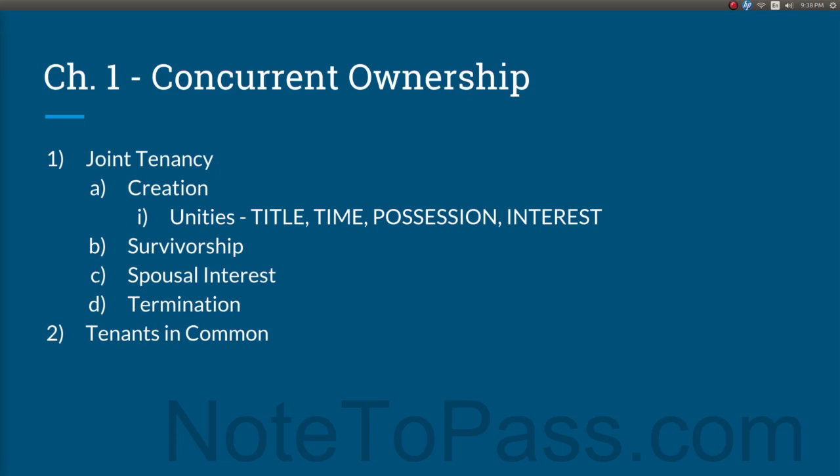To create joint tenancy, there are 4 elements which are required, known as the 4 unities. If any of these is absent, the joint tenancy will convert into tenants in common. So these 4 unities are title, time, possession, and interest. The first unity is title.